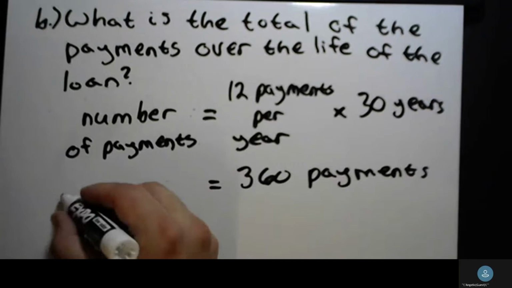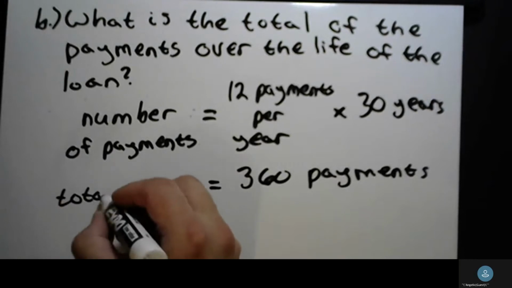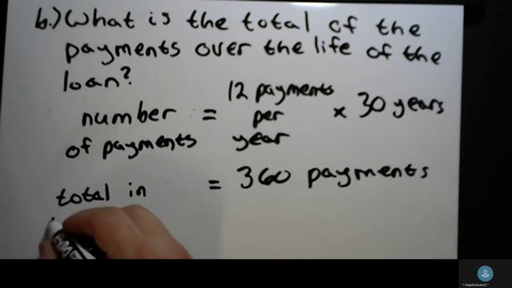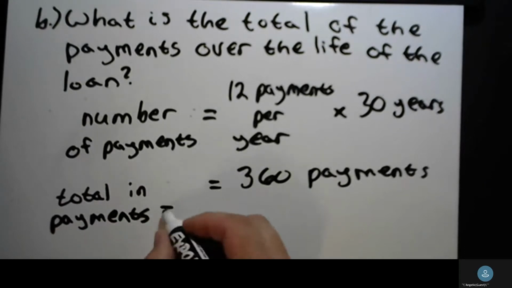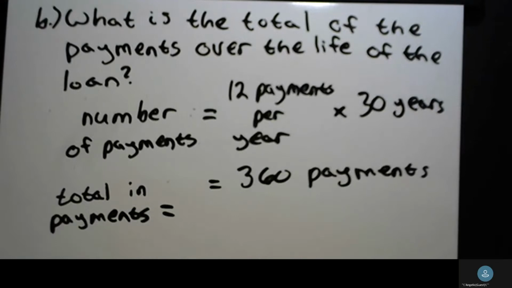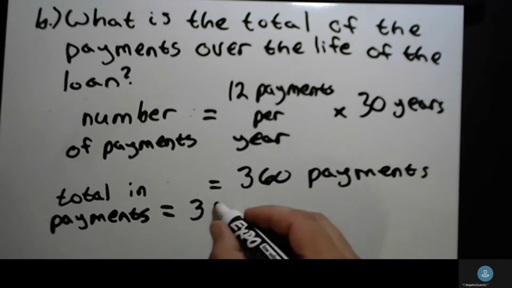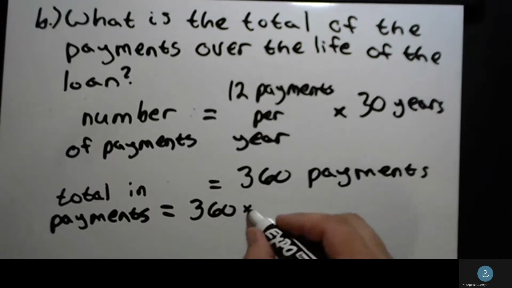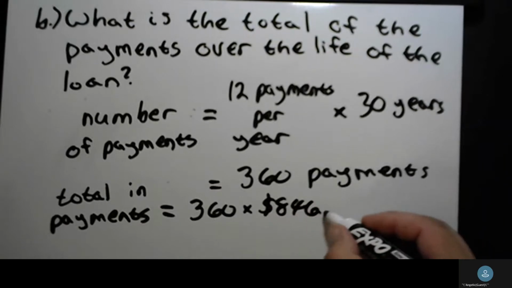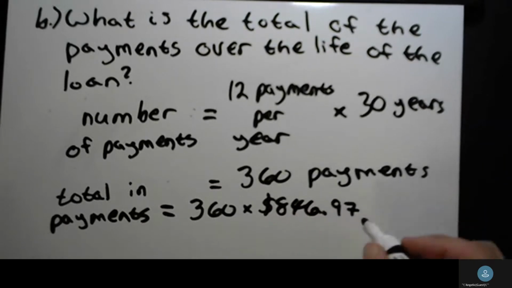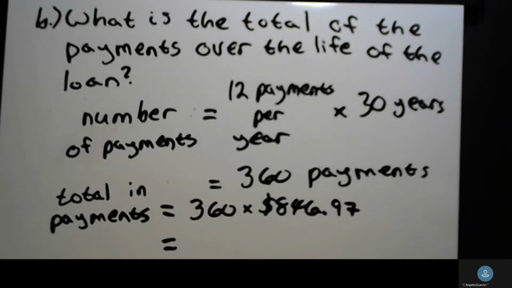So the total in payments, for each one of these payments, each of the 360 of them, we're going to pay $846.97. So we're going to pay that 360 times. And when we do the math on that, well, it's going to be kind of surprising.